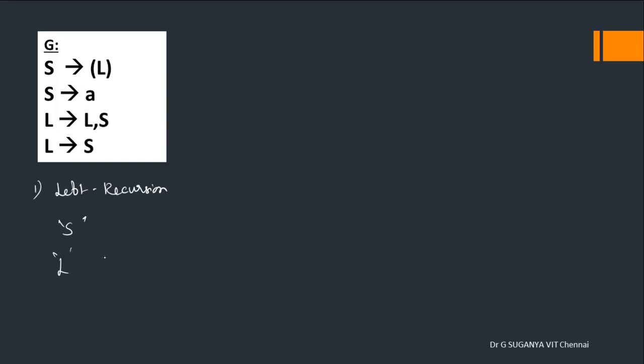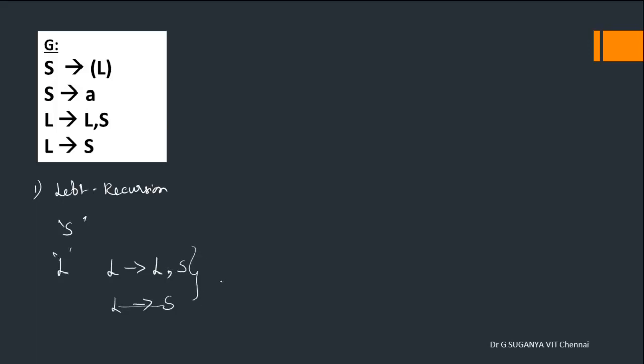Then come to L. It actually has left recursion in this production: L gives L comma S. But you also need to check L gives S, and see by substituting S whether it ends up with left recursion or not. Luckily S starts with two terminal symbols, and hence this is the only thing that ends up with left recursion.